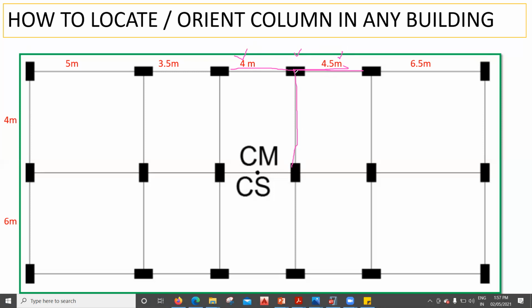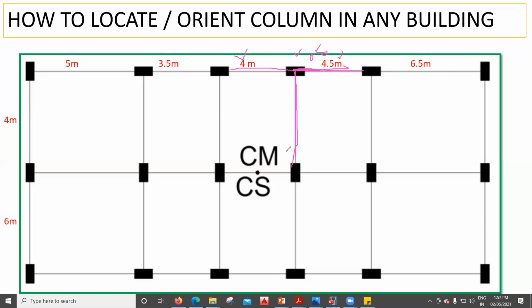That means this particular column has a tendency to be pulled in this direction because 4.5 meter is larger compared to 4 meter. But it is going to pull only 0.5. The net distance here is only 0.5.